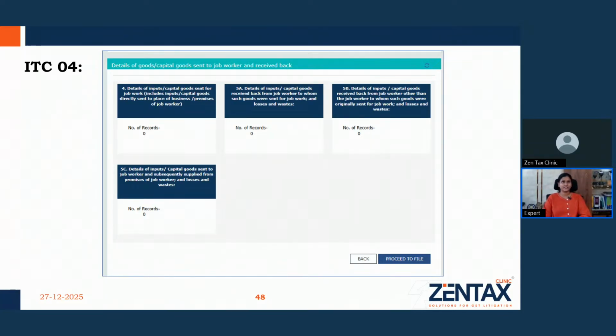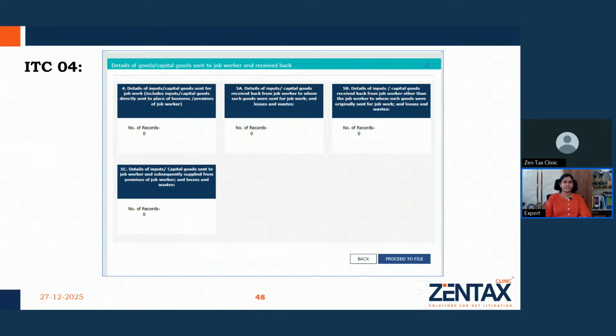Next, we have table 5A. In table 5A, we will give details of inputs or capital goods received back from the job worker to whom we have first sent the goods for job work. In table 5B, we will have the details of inputs or capital goods received back from job worker other than the job worker to whom such goods were originally sent for job work.